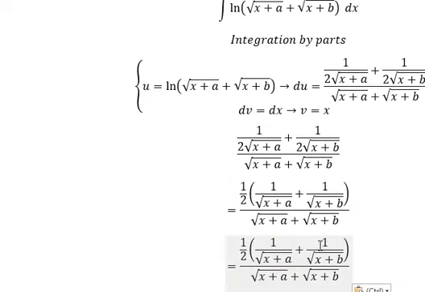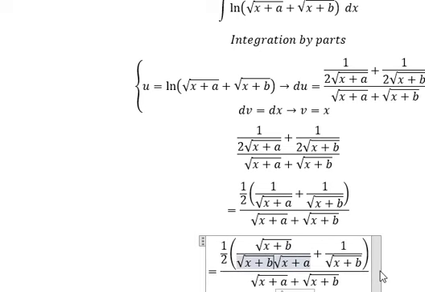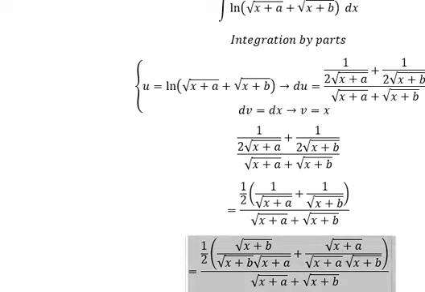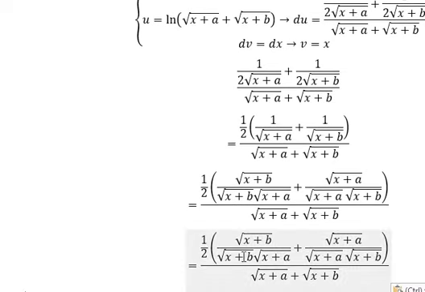Now we can do a common denominator. So this one we multiply by the square root of s plus b. This one, that is the square root of s plus a. Now we combine two fractions.